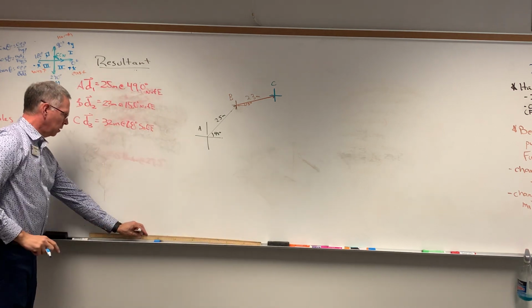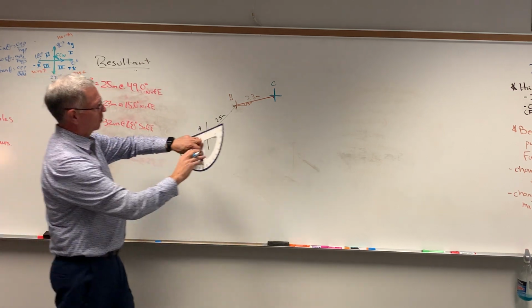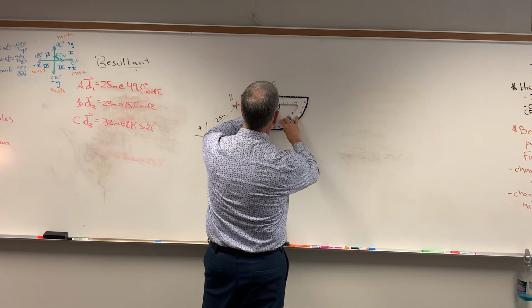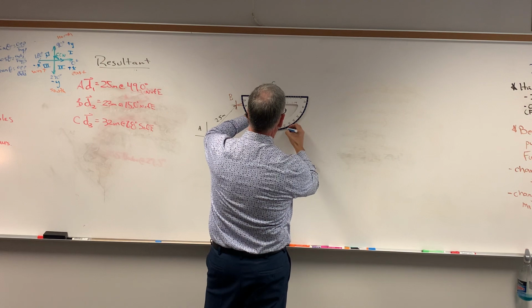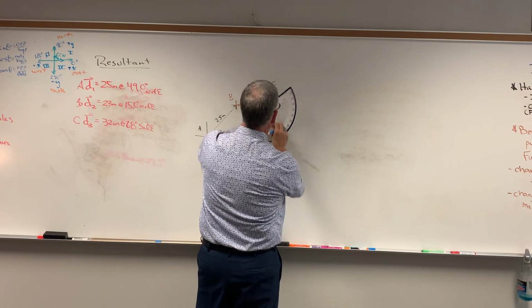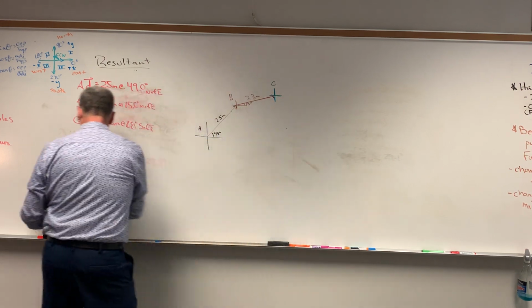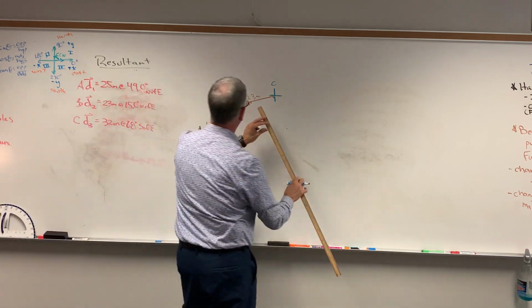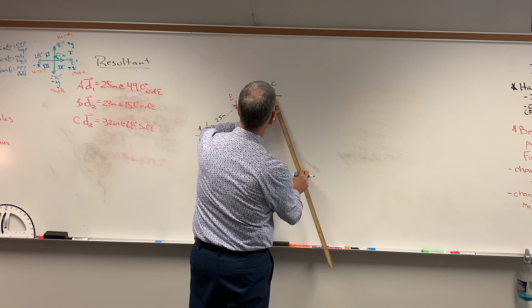It is 68 degrees south of east. So turn your protractor over. Measure 68 degrees south of east. That's down in the fourth quadrant. And it is 32 long.